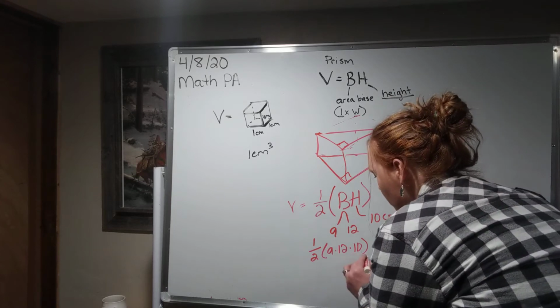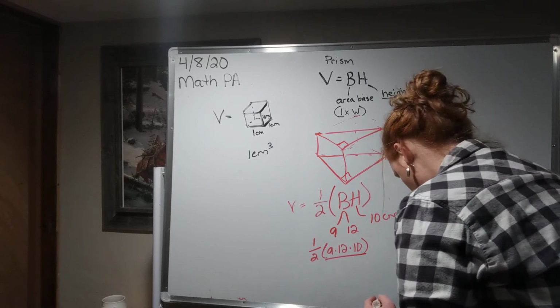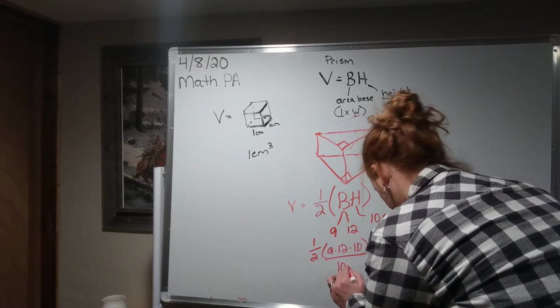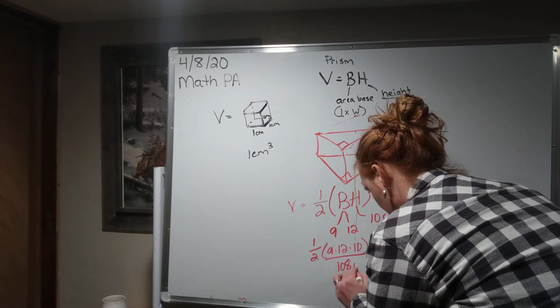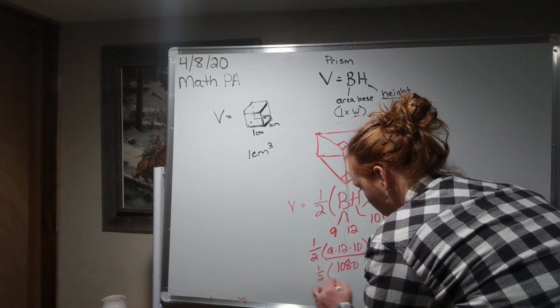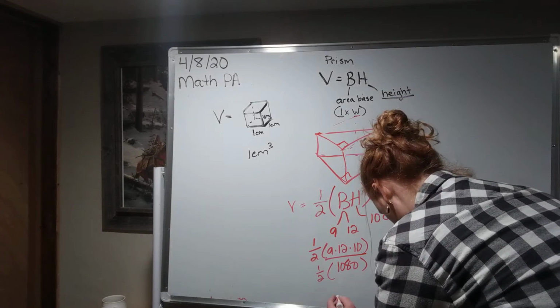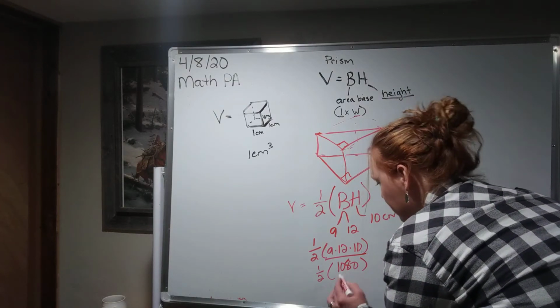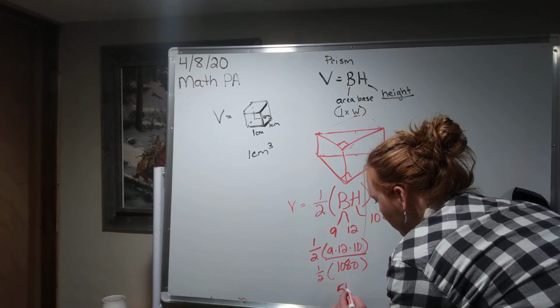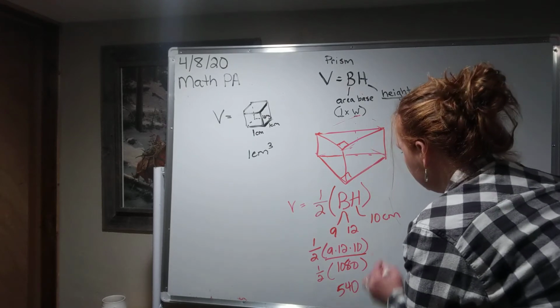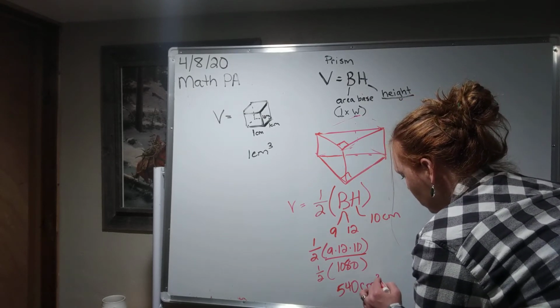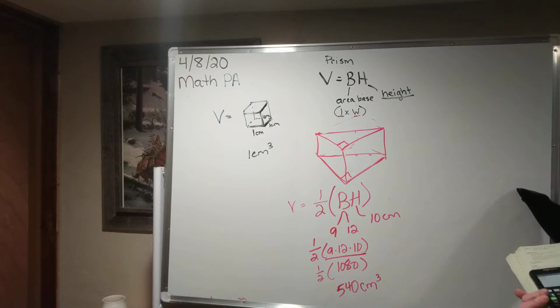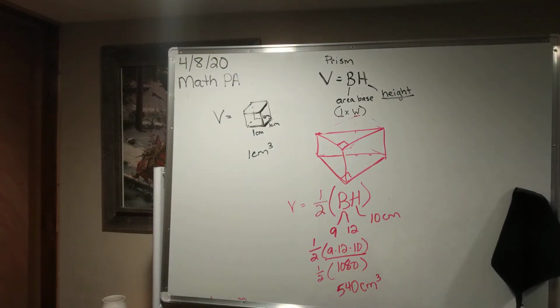Okay, so we're going to take this number and we get 1,080, and we're going to bring down our 1/2, and when we multiply this in, because we're saying 1,080 divided by 2, we get 540, and what was it in? It was in centimeters cubed. Okay.